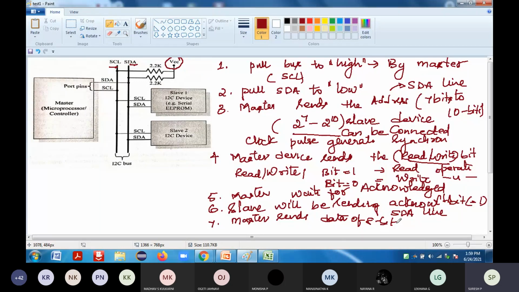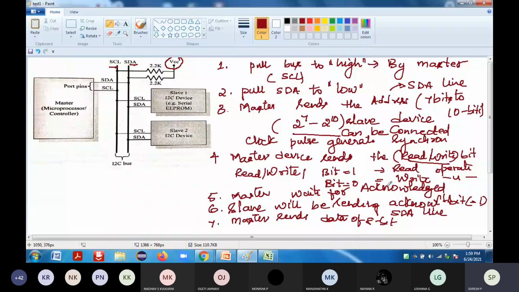If the requested operation is read from the device, the slave device sends data to the master over the SDA line. So if it is from master to slave, the master has to write the data on the SDA line, and if the data is transferring from slave to master, the slave has to write the data onto the SDA line so that it can communicate to the master.